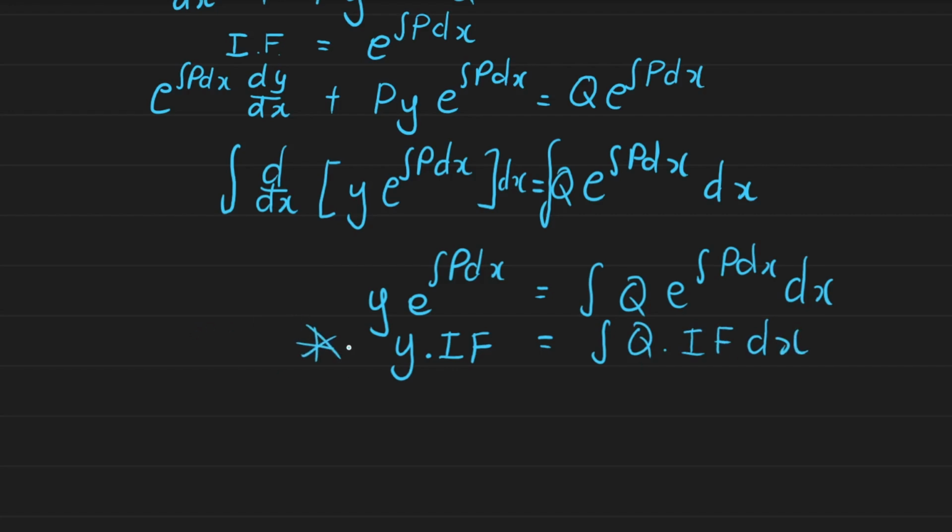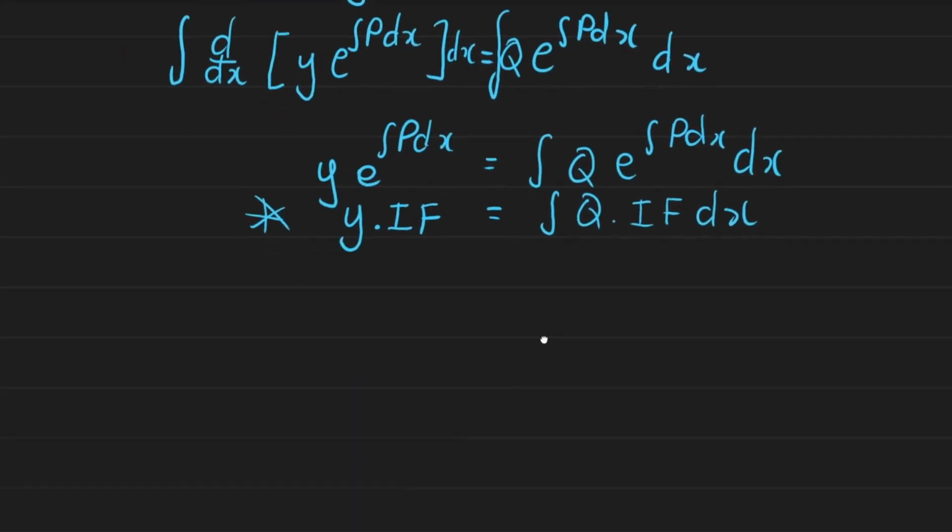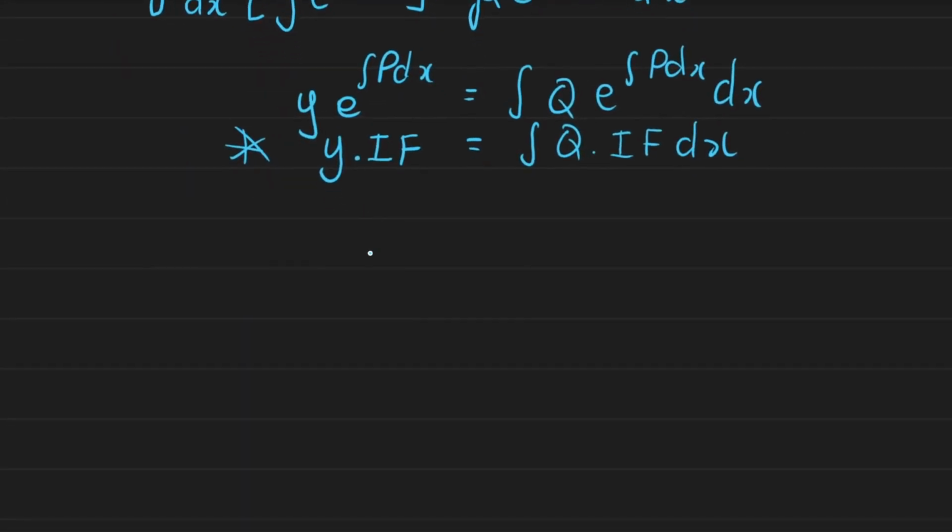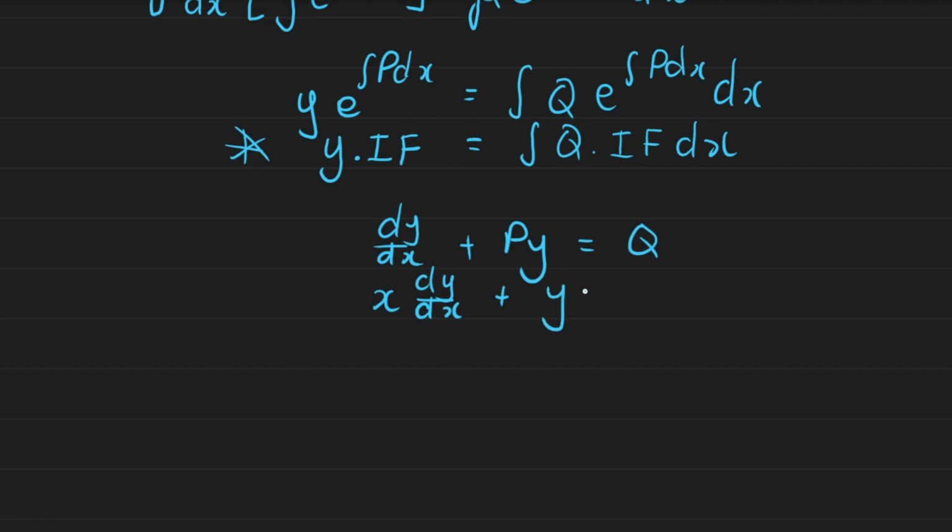We can simply apply this result if we have an equation of the form dy/dx plus py is equal to q. So let's see an example of this. If we have x times dy/dx plus y equal to x cubed, let's divide everything by x to put it into this form.